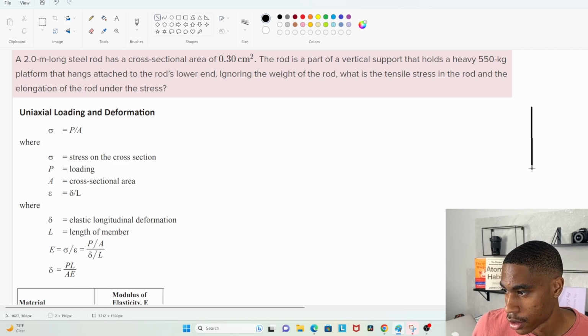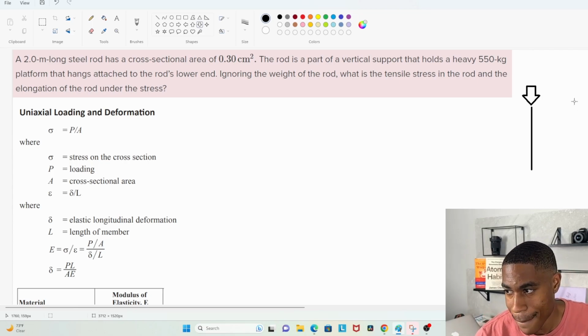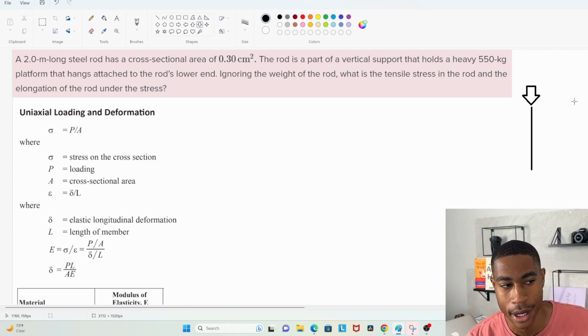Imagine that being your rod, and then basically you have this vertical. So then we have this 550 kilogram mass applied to this rod, right?